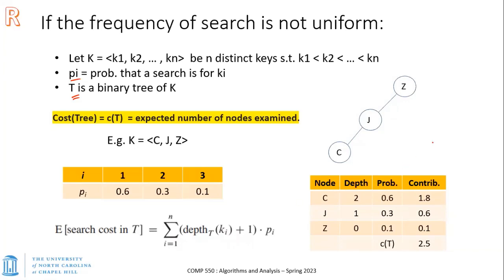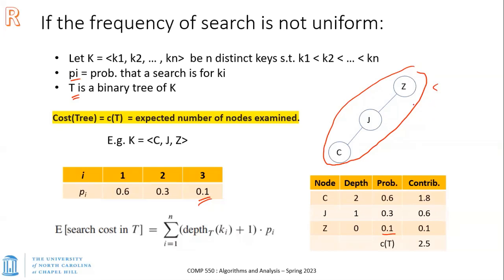For this particular structure, we ask what is the cost of doing a search. It's the cost of searching for Z, which we weight by its probability. 0.1 is the probability of searching for Z, and that comes in from here, multiplied by its depth plus 1.